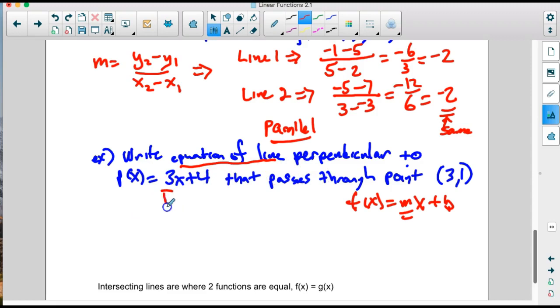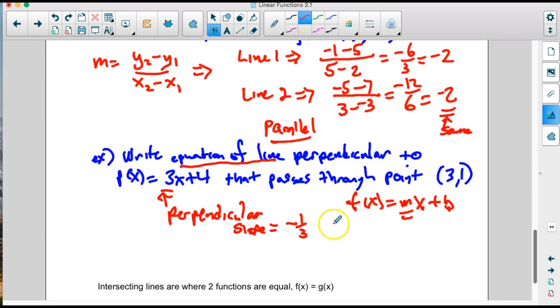Perpendicular meaning that here's our slope of the line, but we need to be perpendicular of that. So the perpendicular slope is the opposite sign, which is negative, and the reciprocal of 3, which is 1/3. So we have a slope of -1/3.